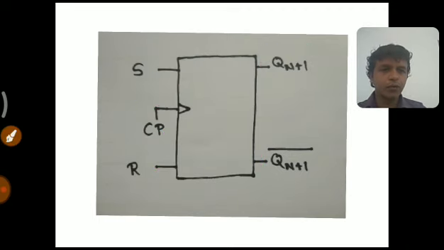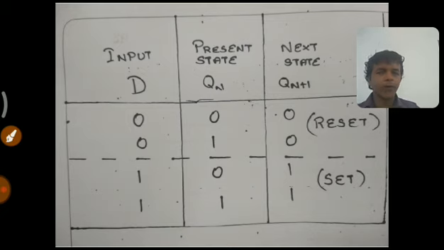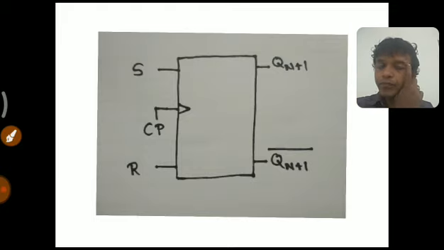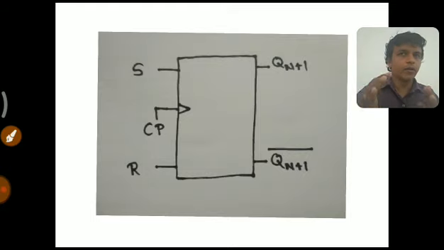Now let us move on to another flip-flop, the D flip-flop. The main difference between the SR flip-flop and the D flip-flop is this. In the SR flip-flop there was a disadvantage: an undefined state was prevailing. When we press both the set switch and the reset switch, the output of the SR flip-flop is not at a fixed value.